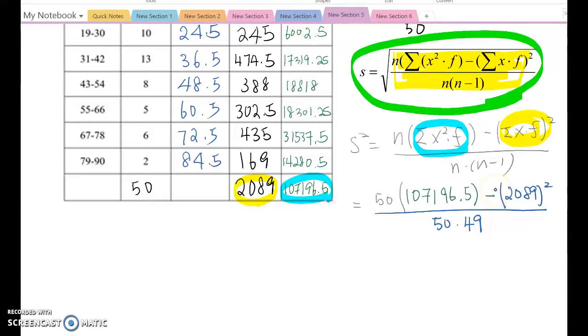If you calculate that, you will get 406.4914. So now we can say this is our variance here.